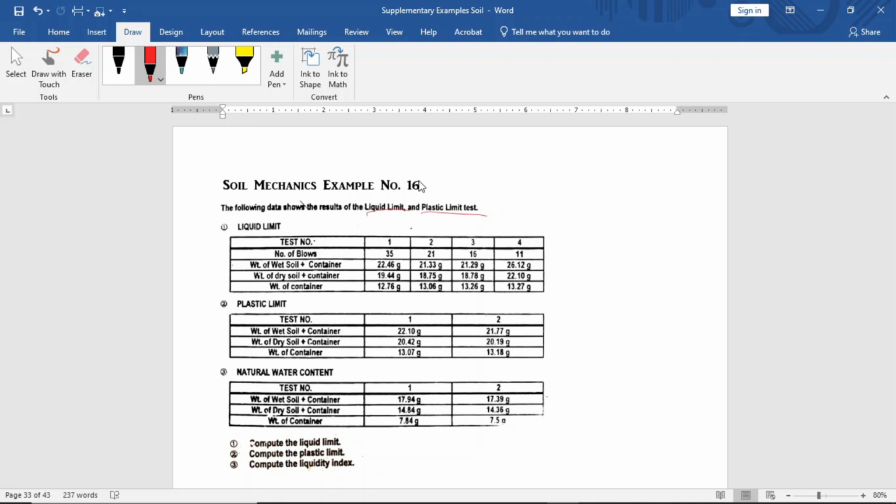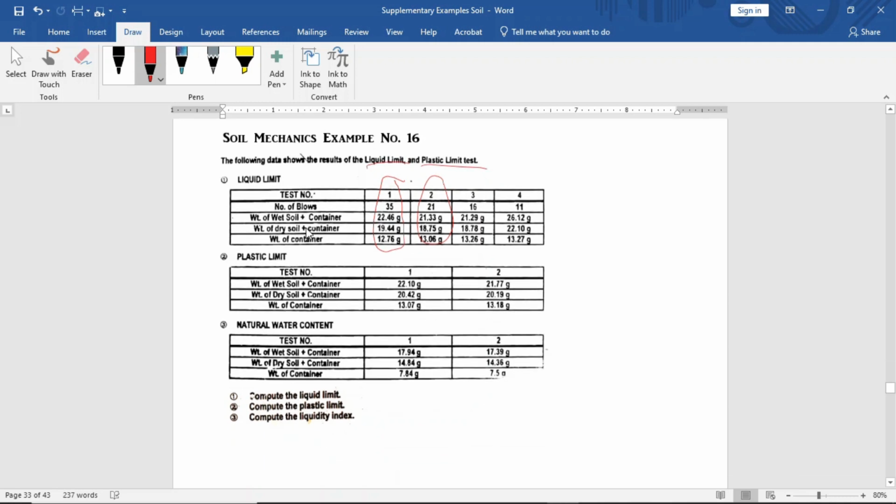So, bakit nag-iba-iba yung natin? Yung weight of container kasi iba-iba rin yung container na ginamit natin. So, kasi iba-iba yung test natin ito. For test 1, ito lang yung niya. Yan lang. Test 2, ito. Tapos, respectively, para naman yun sa liquid limit. Ito naman para sa plastic limit. So, dalawa lang yung test na conducted.